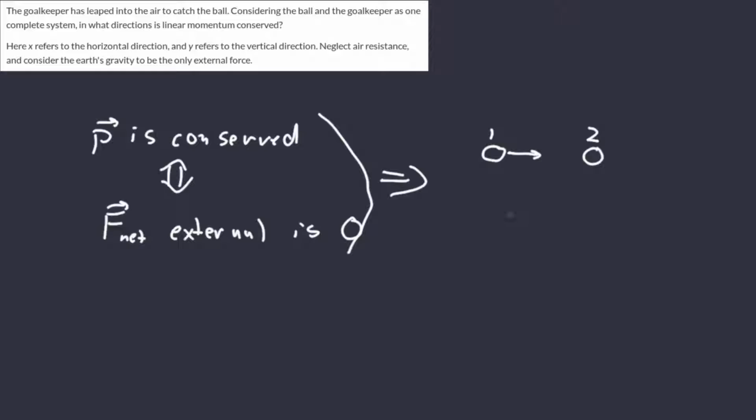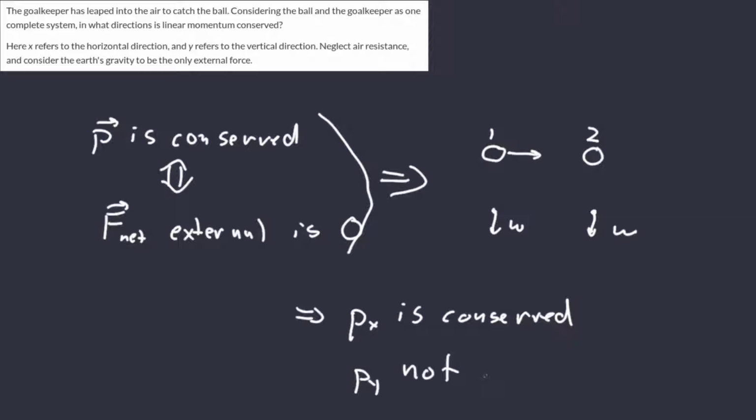The only forces here are gravity, so both of these masses have a weight pointing down. So from our perspective, there's a net external force in the y direction, so momentum is conserved only in the x direction. Py is not conserved.